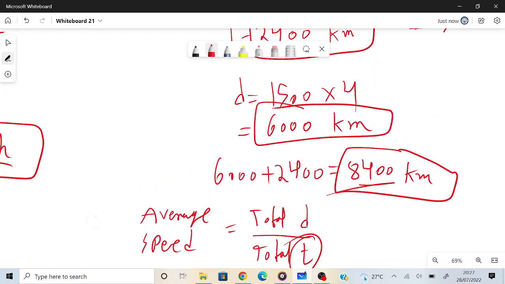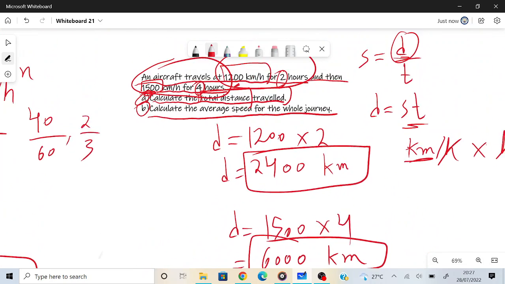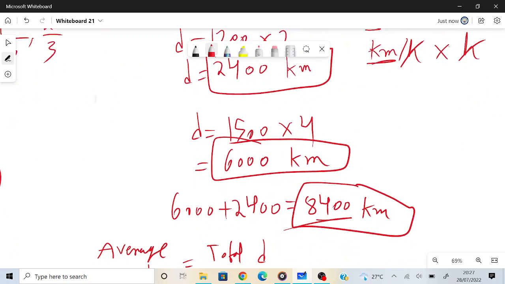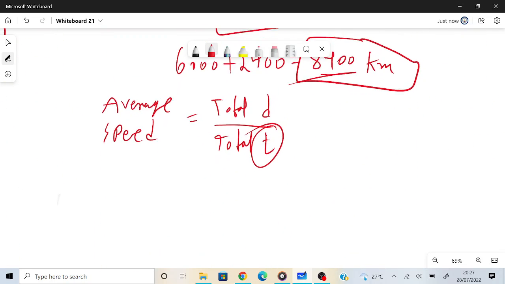If you pay attention to the question, the answer is in the question. It says an aircraft travels at 1,200 km per hour for 2 hours, and then 1,500 km per hour for 4 hours. It travels 2 hours first and then 4 hours, and together it means it traveled 6 hours. So the total time taken was simply 6 hours.